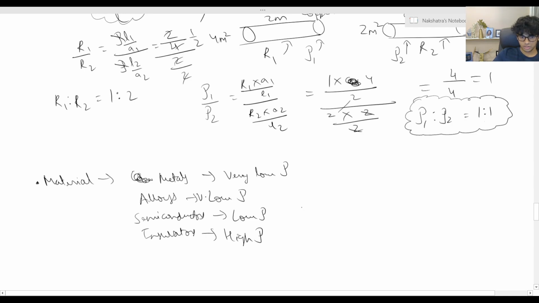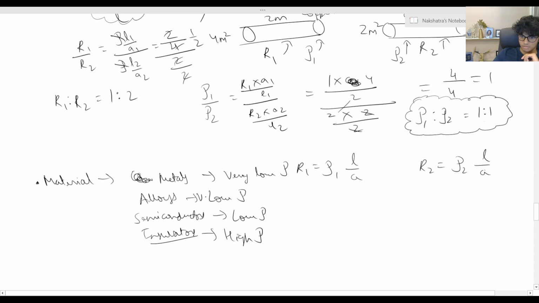Now if you think about it, since metals have a very low specific resistance, if I take R1 = rho1 L upon A as the resistance of a metal, and then I take R2 = rho2 L upon A as the resistance of this insulator.